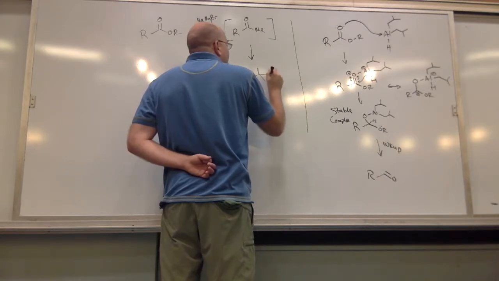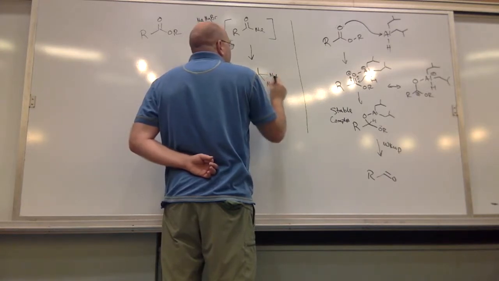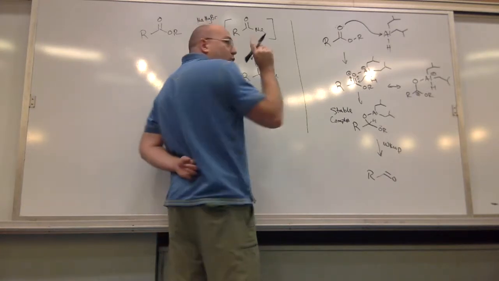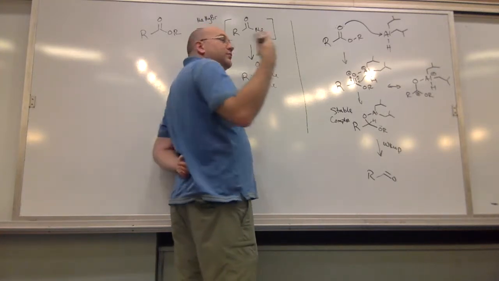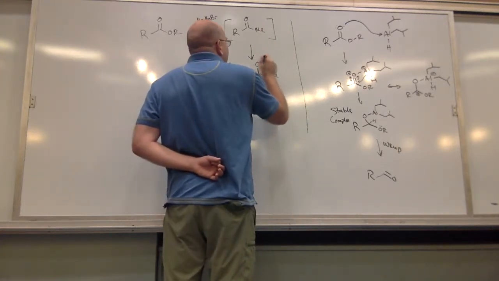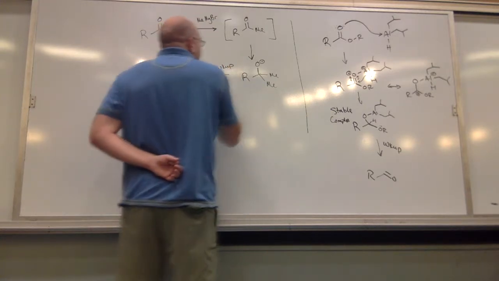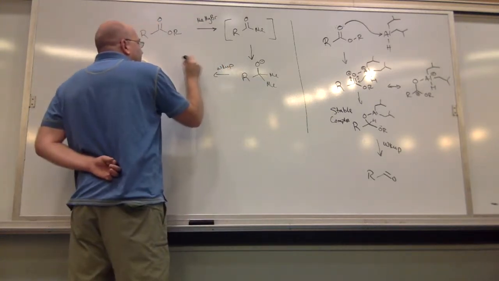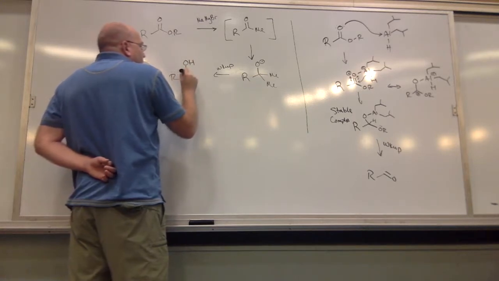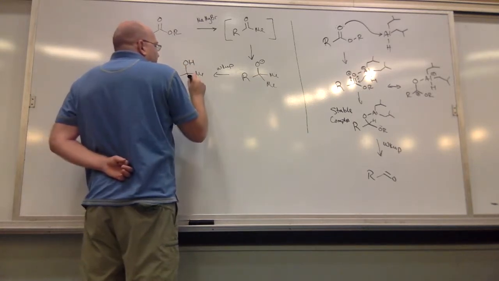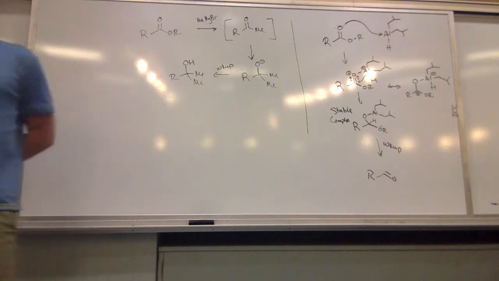much like the borohydride, very difficult to control. And after workup, we will get to, in this case, a tertiary alcohol. So we'll get to that alcohol that you see there.